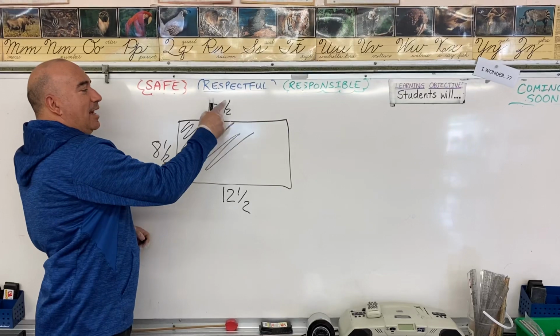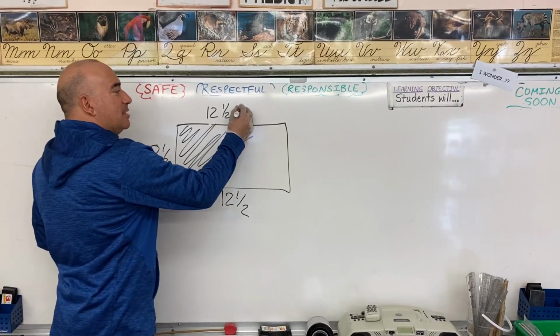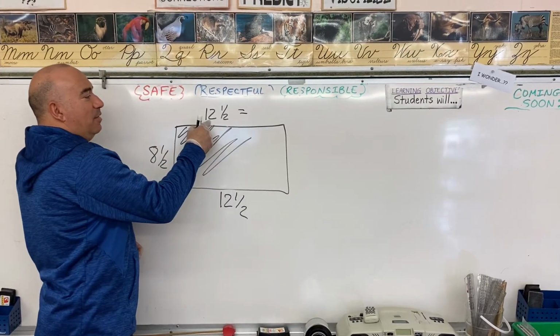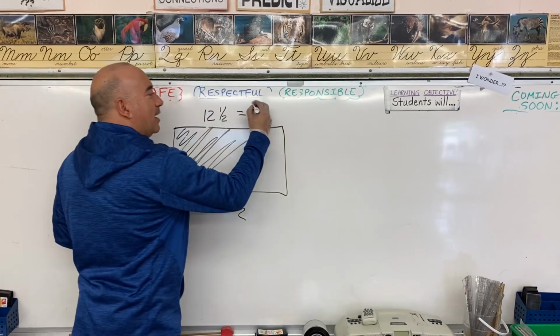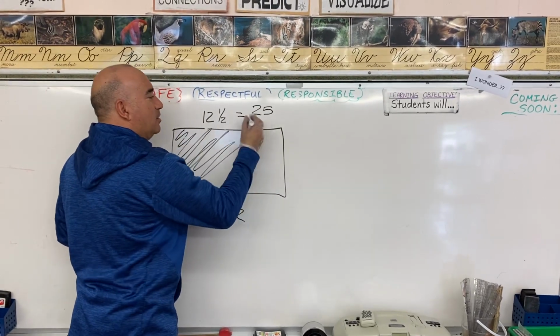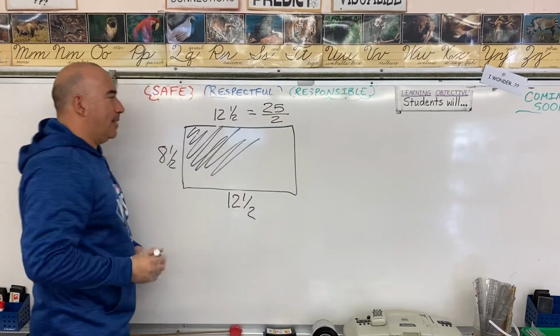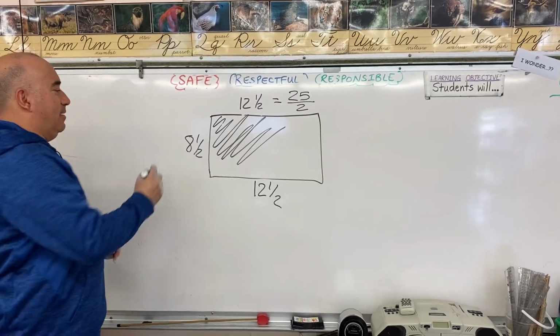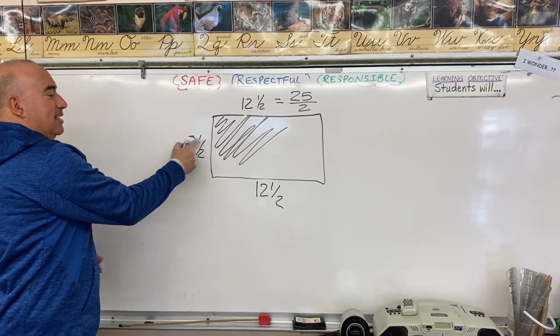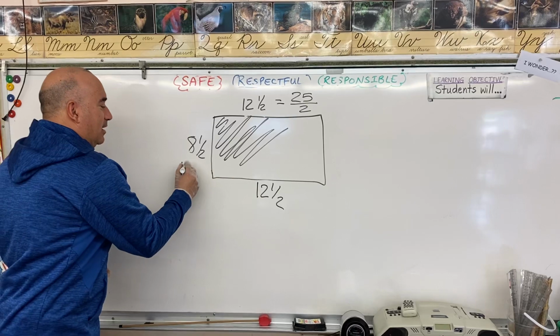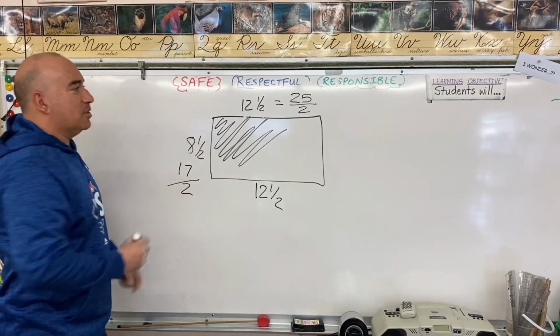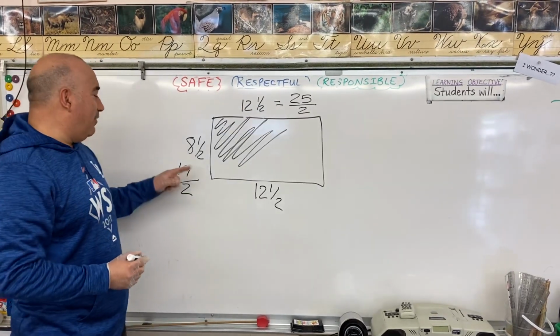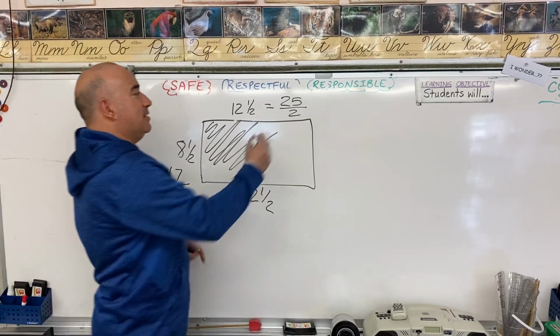So 12 and a half becomes 2 times 12 is 24 plus 1 is 25 over 2. This fraction becomes 2 times 8 is 16 plus 1 is 17 over 2. So now I have to multiply 25 halves times 17 halves.